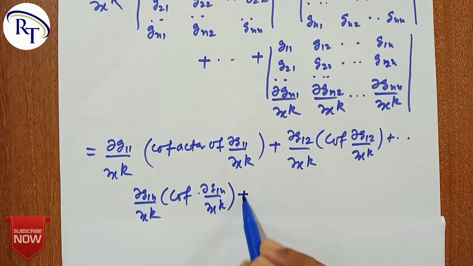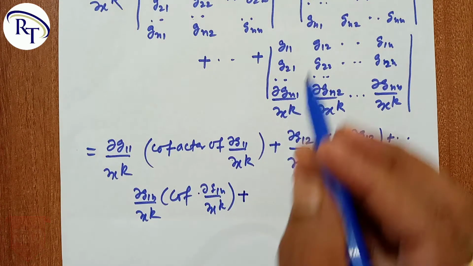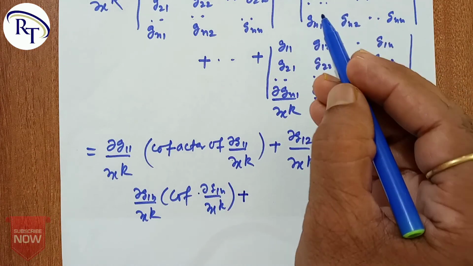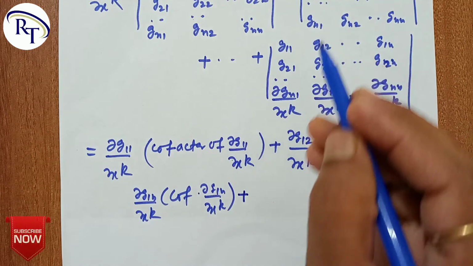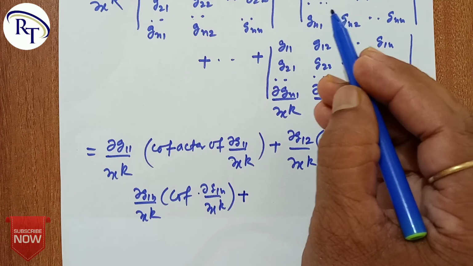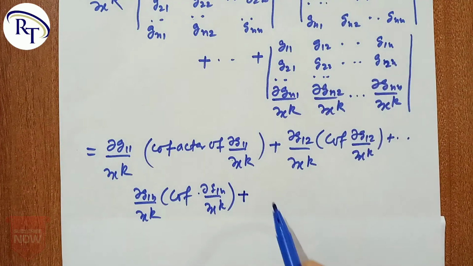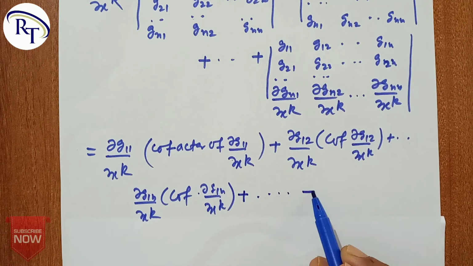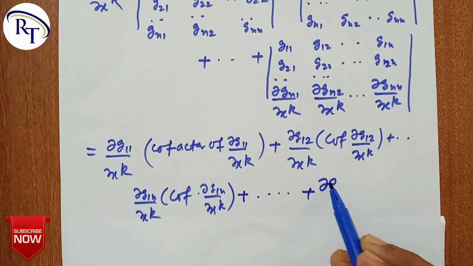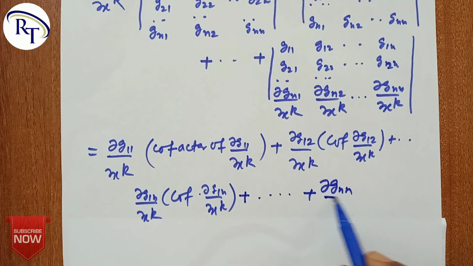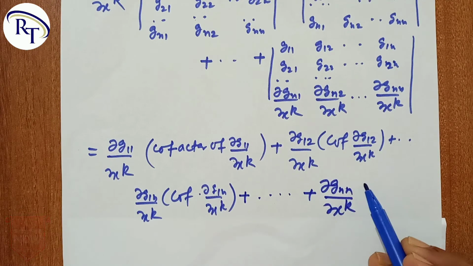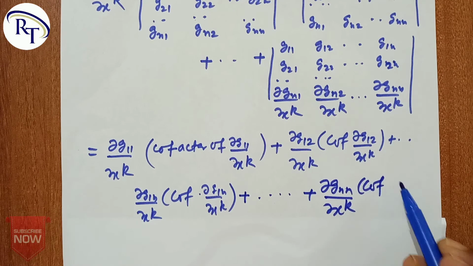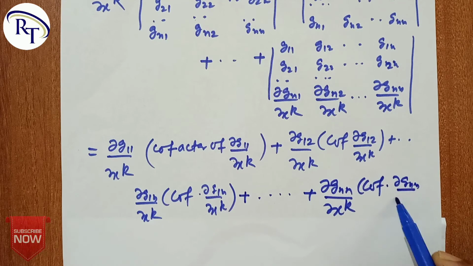Plus now ∂G21/∂x^k into the cofactor of ∂G21/∂x^k, and similarly in the last, ∂Gnn/∂x^k into the cofactor of ∂Gnn/∂x^k.